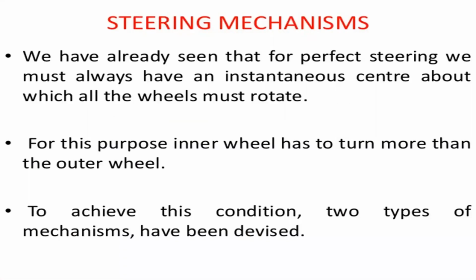We have already seen that for perfect steering, we must always have an instantaneous center about which all the wheels must rotate. Yesterday we already discussed this in the center point steering mechanism.